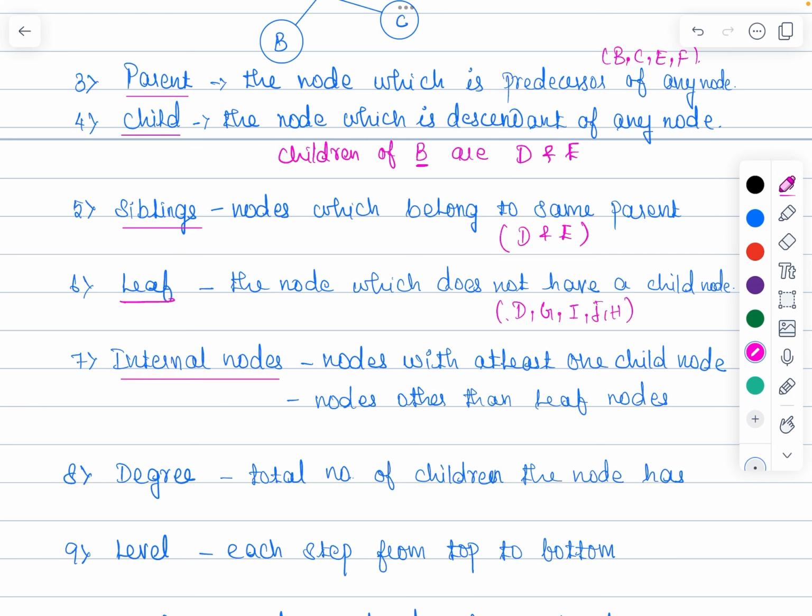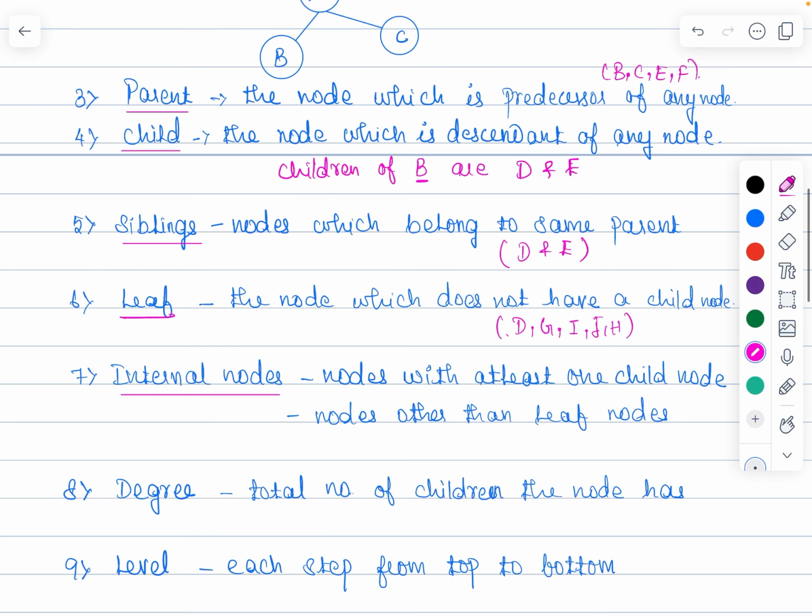And the next terminology is internal nodes. In a tree structure, the node which has at least one child, we call it an internal node. In simple words, an internal node is a node with at least one child. The nodes other than the leaf nodes are the internal nodes.